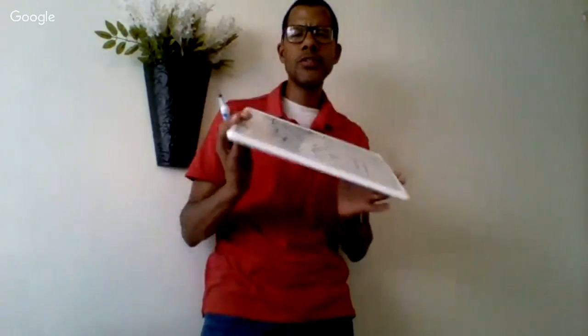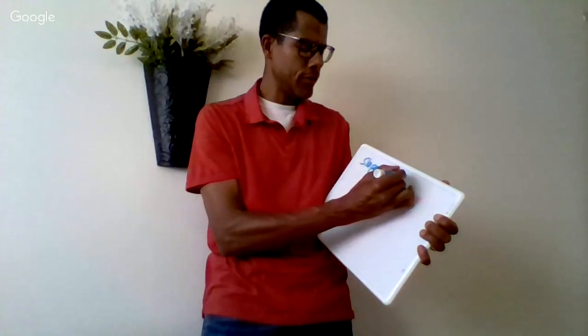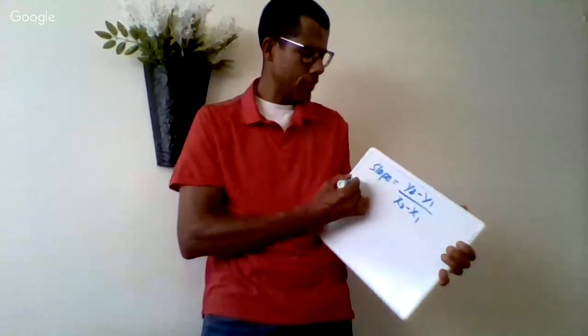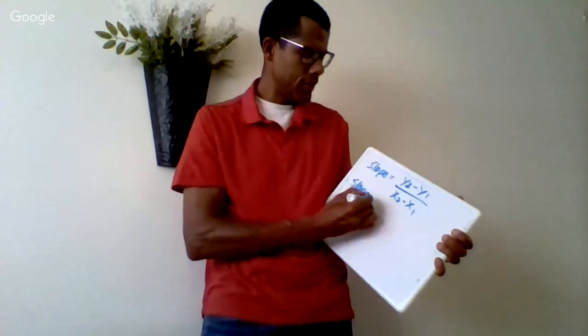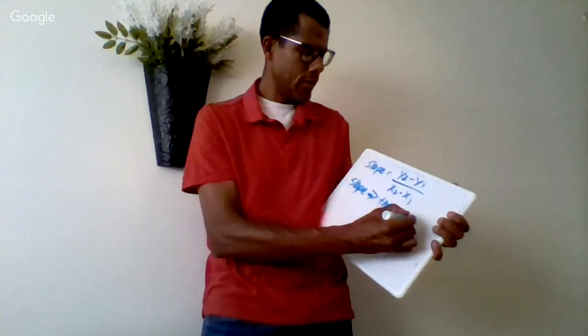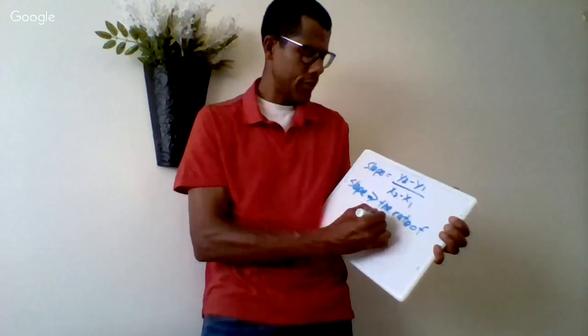So I just wanted to do a quick lesson on the derivative, slope, and some of the uses of slope. To recap, slope equals y2 minus y1 over x2 minus x1. Slope is also the same thing as the rate of change.